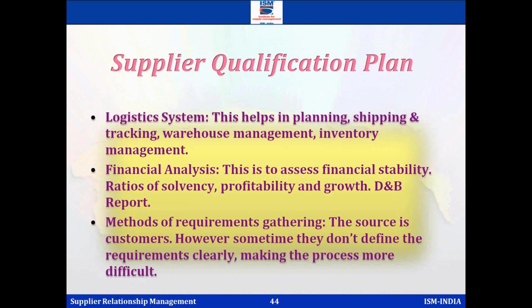Is the company going into losses around? I know in some companies, if the contract is of high value, let's say $1 million or more, D&B report is a must. So Dun and Bradstreet report is looked at before the contract is awarded.